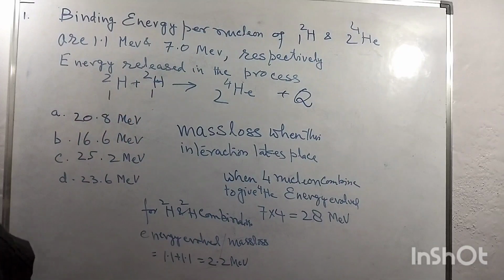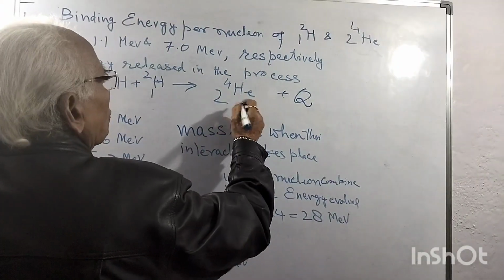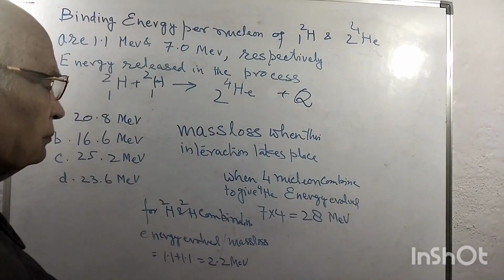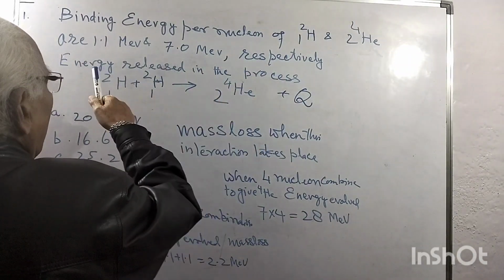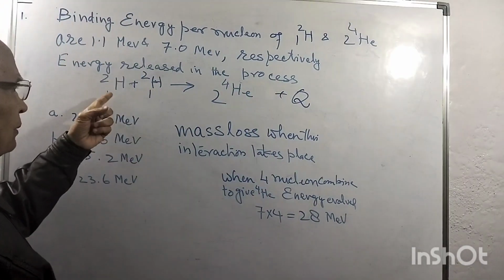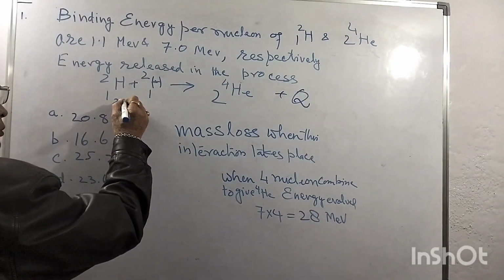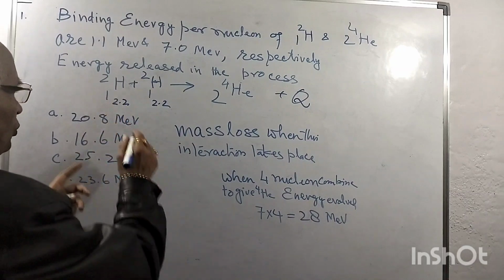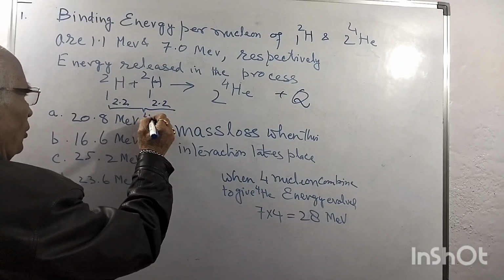So on this side 2.2 MeV energy, on this side 28. Here you can say the energy difference. So how much energy is released in the process? Here 2.2, here also 2.2, so 4.4 total. This means this is 4.4 MeV.